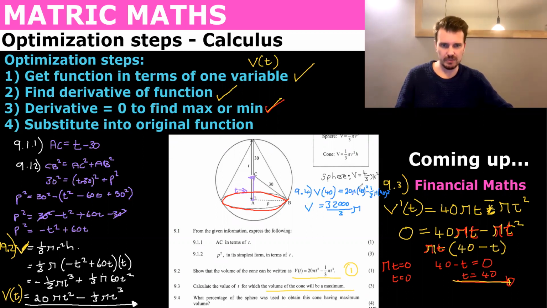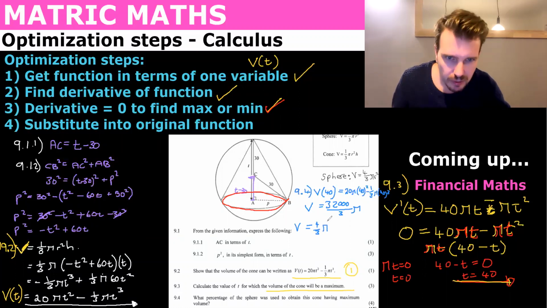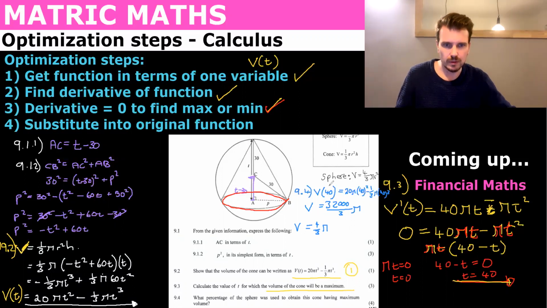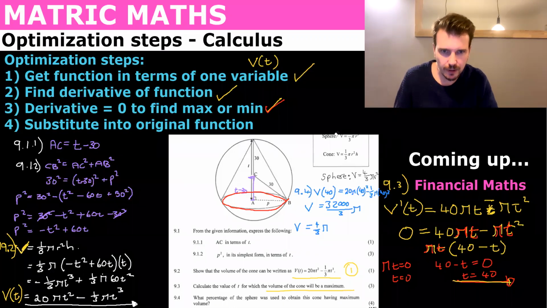Well, they've given me the volume of the sphere formula: V equals 4 over 3 pi r. I think it's actually pi r cubed. Let's check.